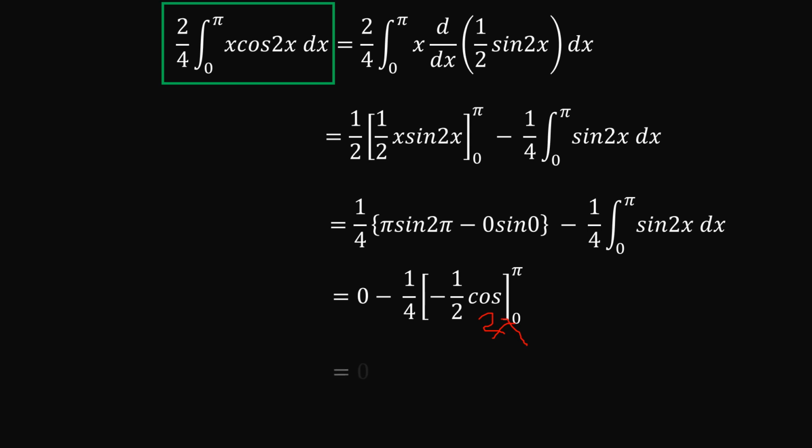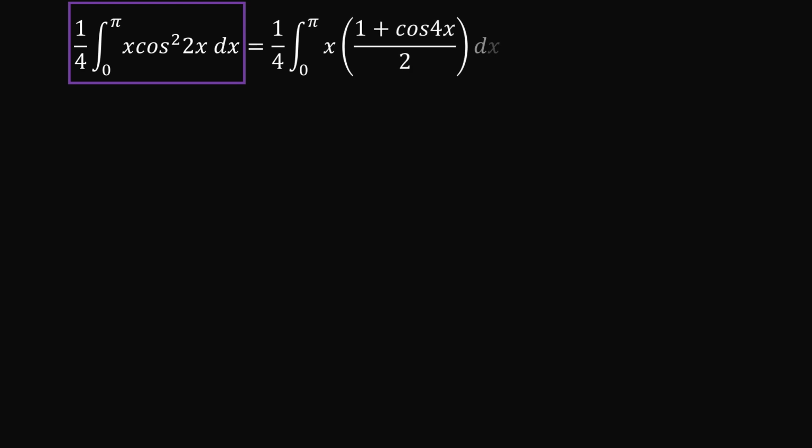And so when you solve for that, we have this half going out and this becoming a minus 1 over 8, and because of the negative sign, we can flip the sign: cosine 0 minus cosine 2 pi. Cosine 0 is 1, cosine 2 pi is 1, 1 minus 1 is 0, so this entire term is 0.